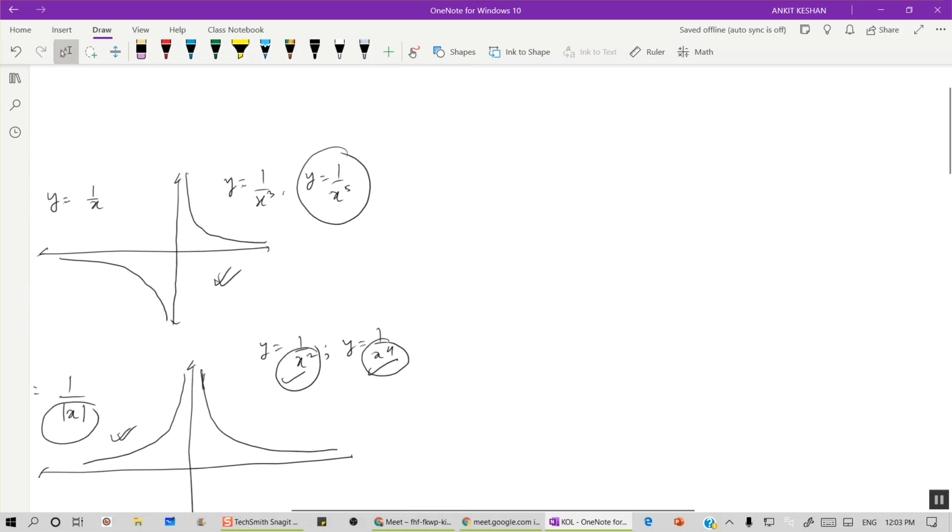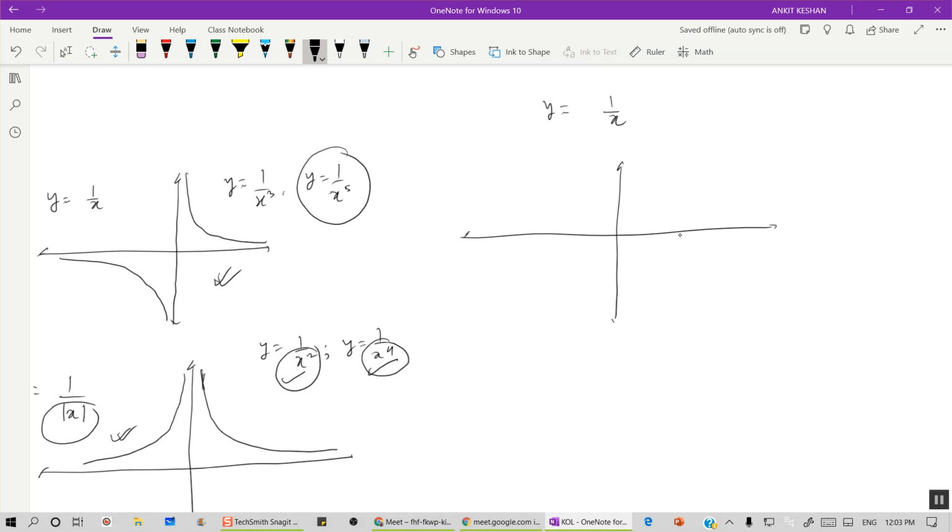We will do a few things. y equal to 1 by x, we are having y equal to 1 by x. Now y is equal to 1 by (x plus 2).